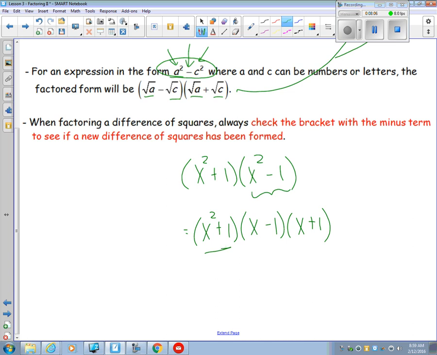And I couldn't do it this part up front because there's a plus sign, doesn't meet the conditions. And I couldn't do it again because I can't square root x. I need an exponent to be able to square root something. I need to be able to cut it in half, and I can't do that. Okay, but there are some times where, back to this first line here, I can't go further. We'll do 1 or 2 of those today so you can see how that works.